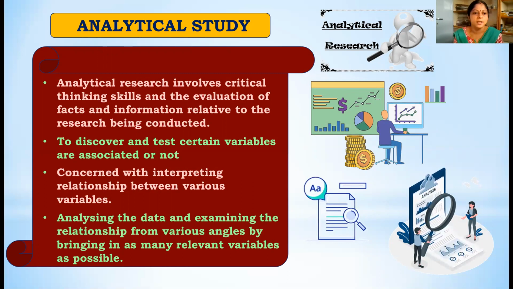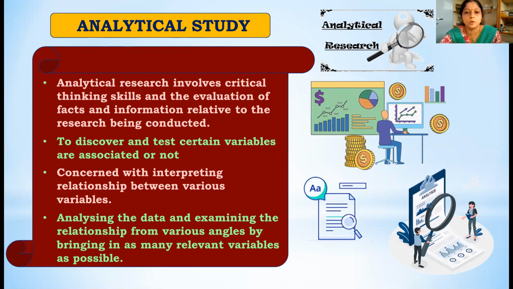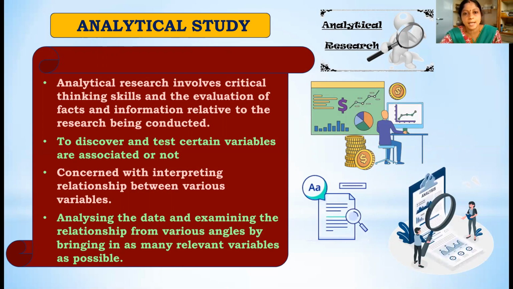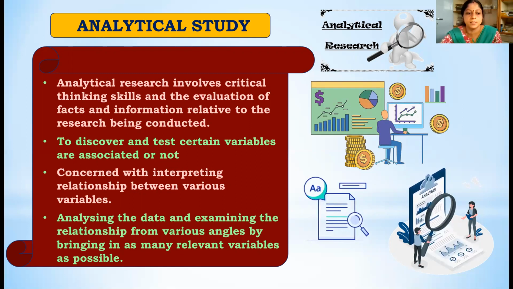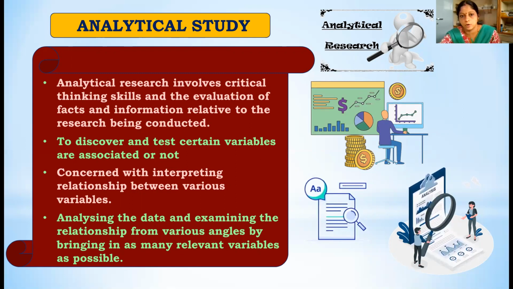it mainly involves the evaluation of facts and information relevant to the research which has been conducted previously. It is nothing but I have assumed that, as in the case of IFS, it has impacted on improving the socioeconomic status of the people. But actually it may not be there. So that will be evaluated through this analytical study. Here we are going to discover and test certain variables, whether they are associated or not.